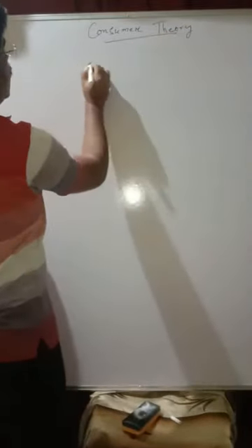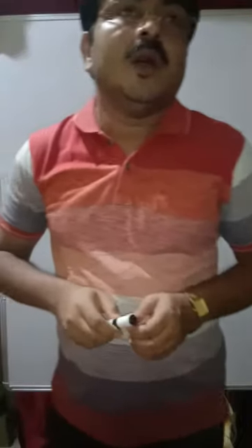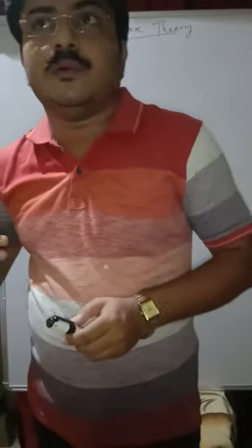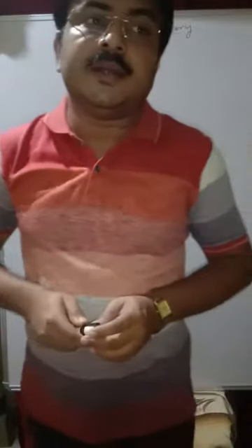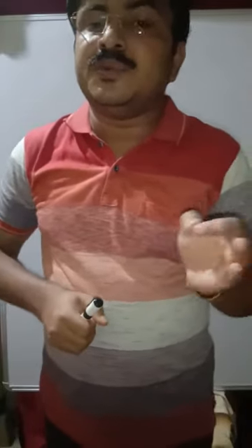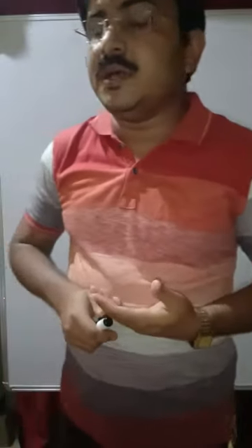Under consumer theory, the first term is called utility. As a consumer, when we go to the market and purchase some commodities through our medium of exchange, our main objective is to consume, and out of our consumption we derive some level of satisfaction, so that we can maximize our utility or satisfaction.